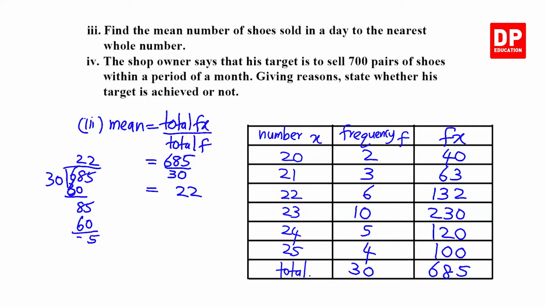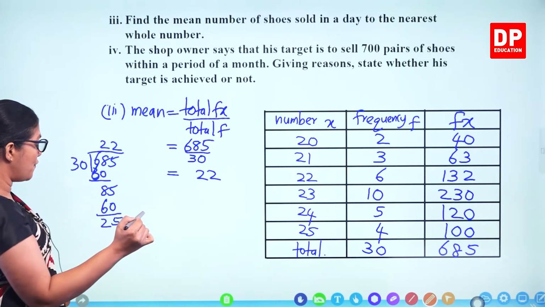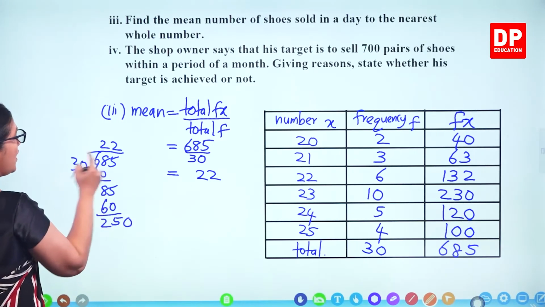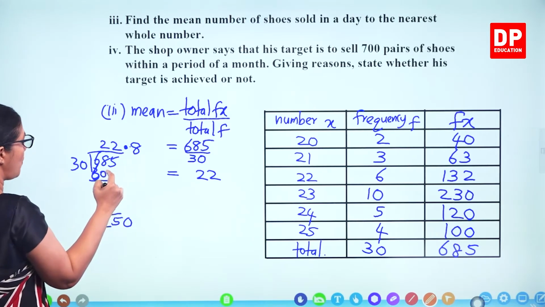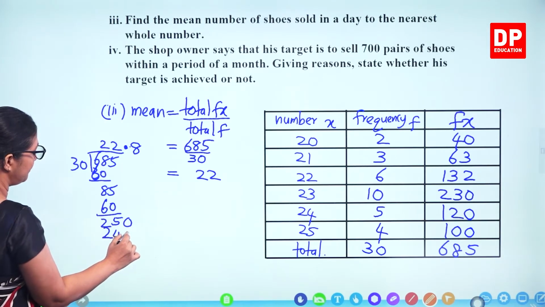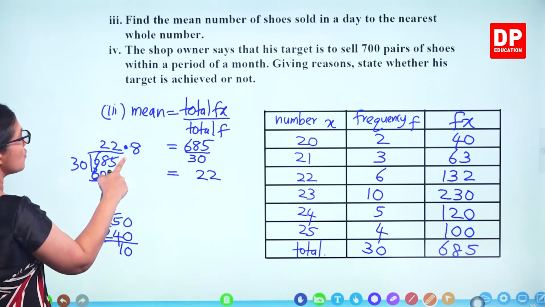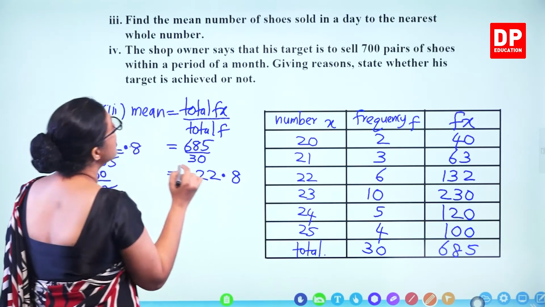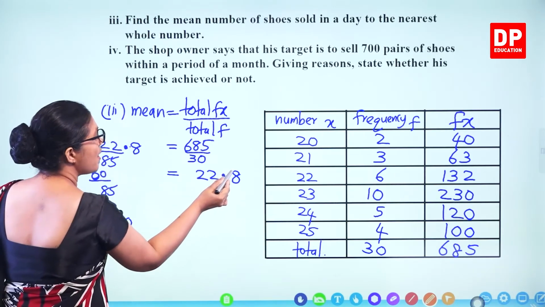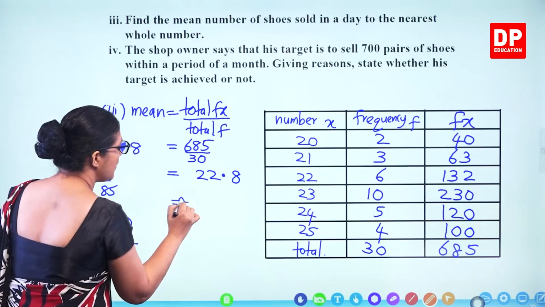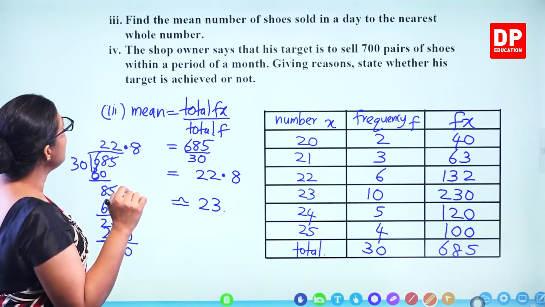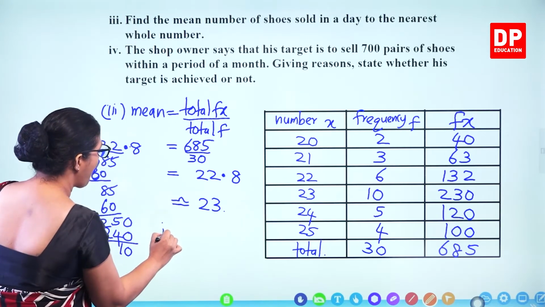What remainder? So you get 250. So 22.8. So 22.8 is the value, but nearest whole number, you have to round it up. So 23 shoes per day. That's the mean value.